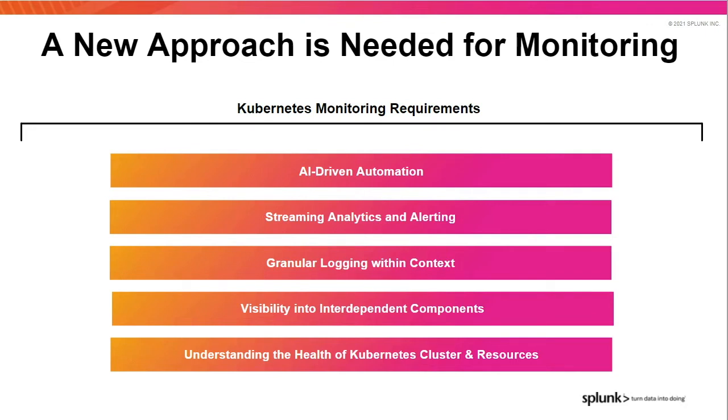So wherever we are in monitoring a Kubernetes component, we don't have to switch context when we are pivoting to logs. And everything is coming in real time. So analytics and insights will have to be streaming and alerting has to be in real time. And finally, we leverage AI and ML-based automation.